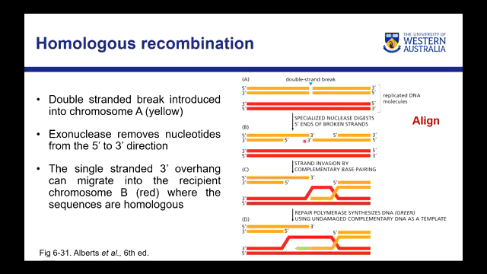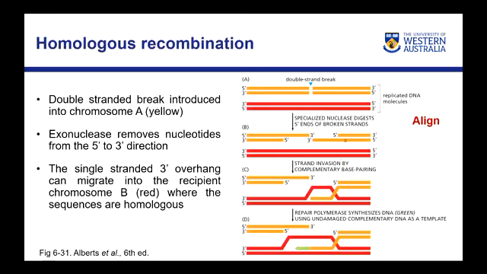Then what happens is what we call strand invasion by complementary base pairing. So these are now single-stranded 3' overhangs. There's a 3' overhang there, and there's a 3' overhang here. And so the single-stranded 3' overhang migrates into the recipient chromosome, the red, where the sequences are the same, so where the sequences are homologous.